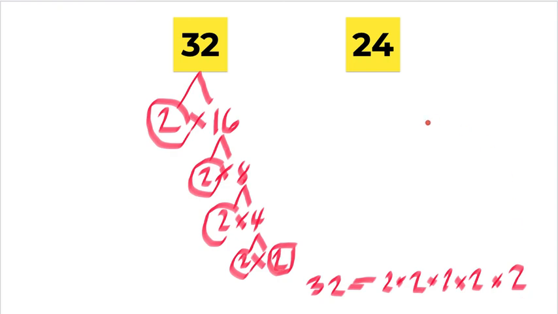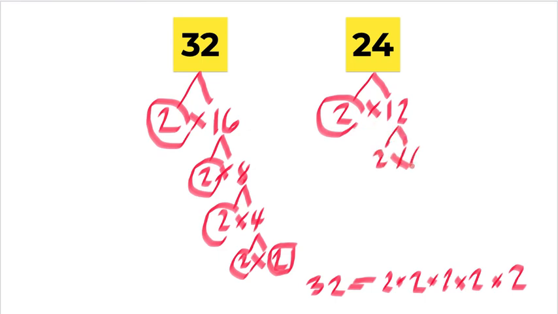Now let's move on here with this number 24. I have 2 times 12. That's correct. 2 is a prime, 12 is not, so we need to break this down. So 2 times 6. 2 is a prime, 6 is not a prime, so again, we need to do the process by breaking it down. 2 times 3.